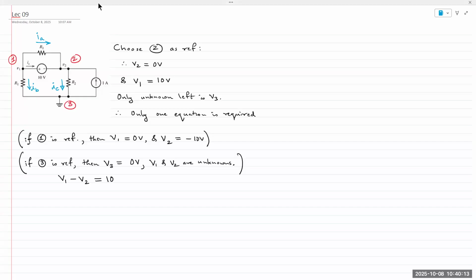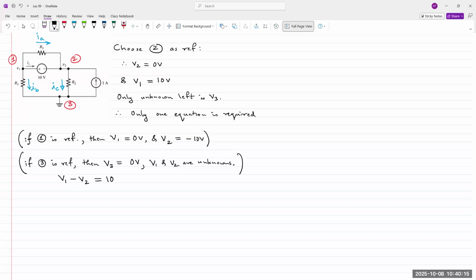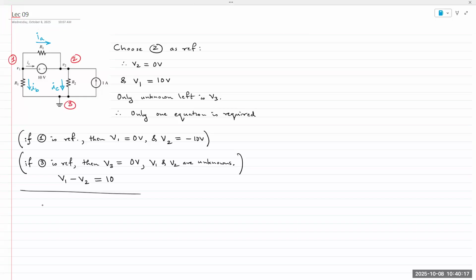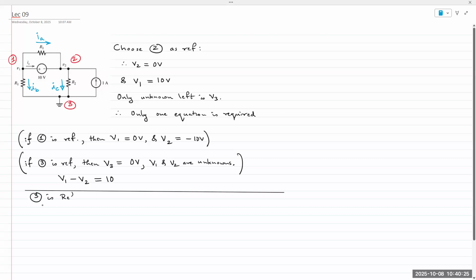When I apply KCL, and this is assuming three is my reference point, I have three currents. So I have IB plus IC entering node 3, and the 1 amp current source is leaving. So IB plus IC is equal to 1.